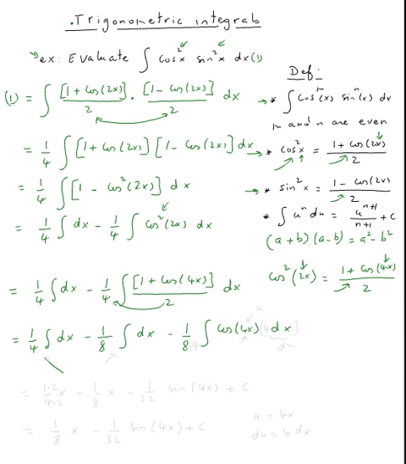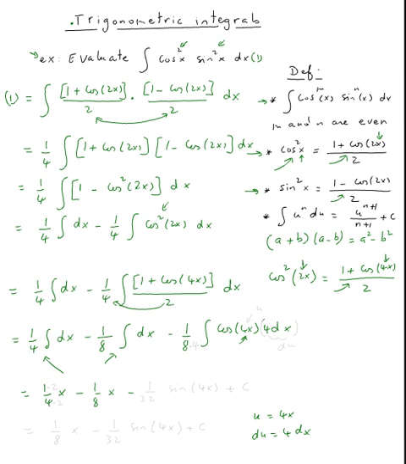Now these two are easy integrals. This is going to be 1 over 4 x minus 1 over 8 x minus, now here think of a u, you want the u to be 4x, right? So therefore du will be what? 4 dx. So we're missing a 4, so what do we do?